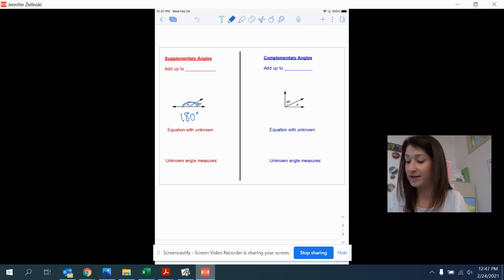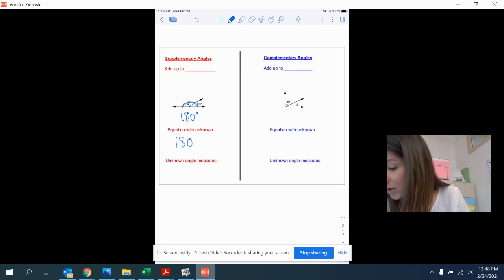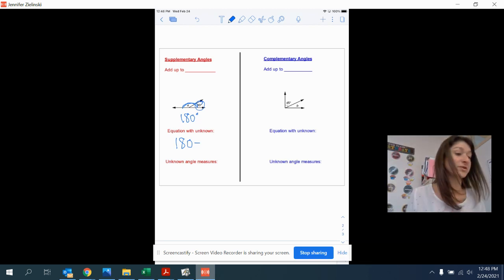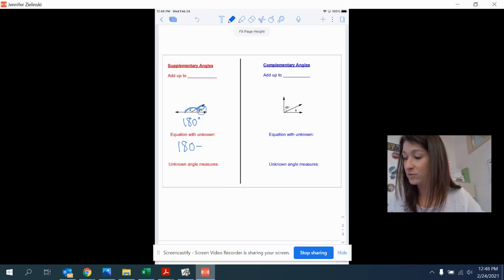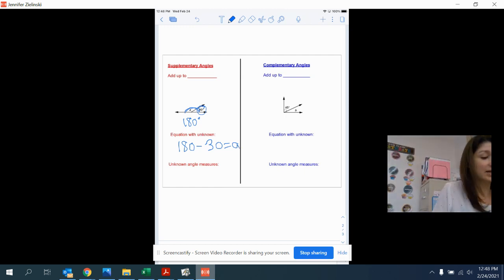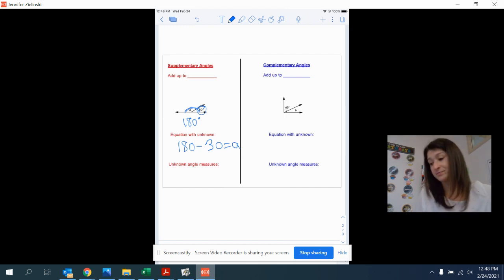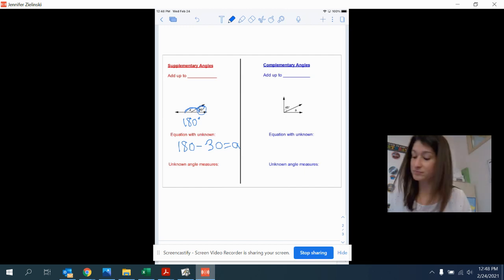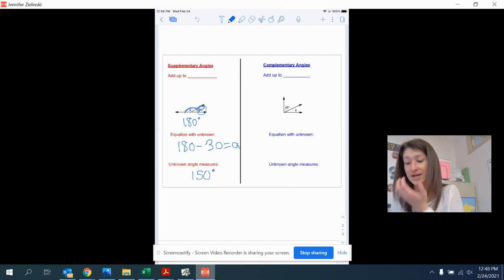If I know I have 180 degrees for my straight angle, and I have this 30 degrees here, I'm going to need to figure out its difference. So I would need to set up my equation with my unknown. I could do 180 minus 30, which would get me 150 degrees.